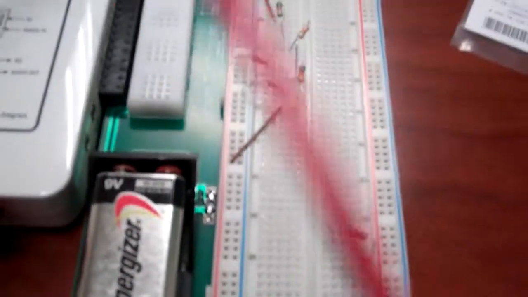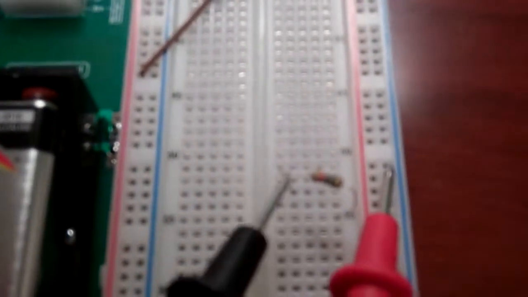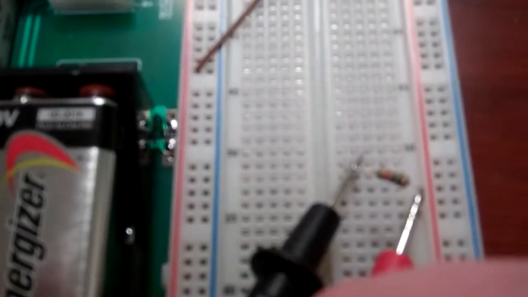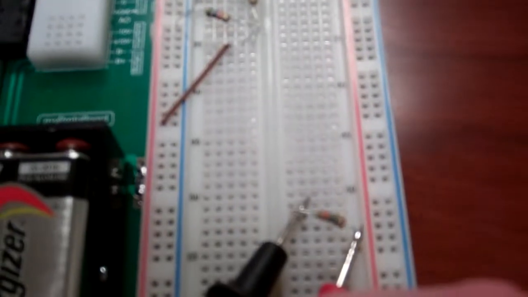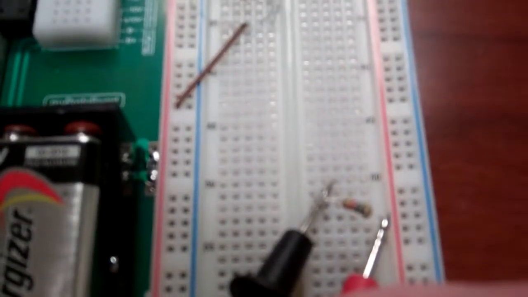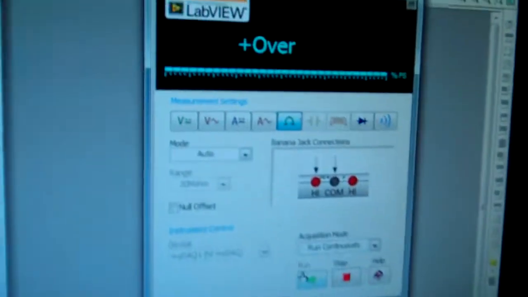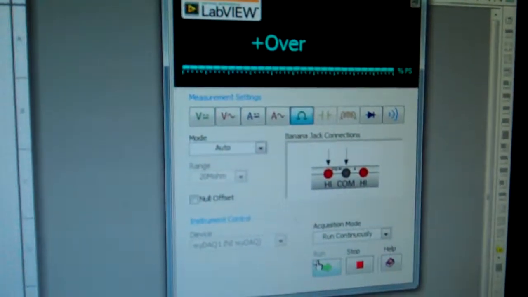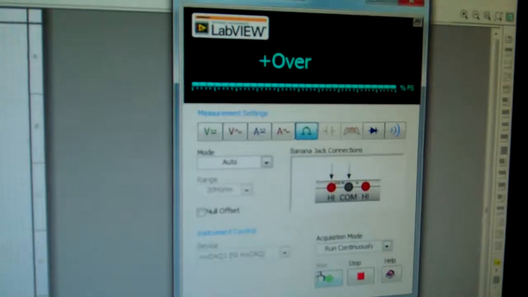And what you can do is you can put in the resistor separately, and this is hard to do one-handed, but you can put the probes across the resistor, and then the value will show up on the screen. I can't do it one-handed, but if I had 2 hands, the resistance would show up there on the meter screen.